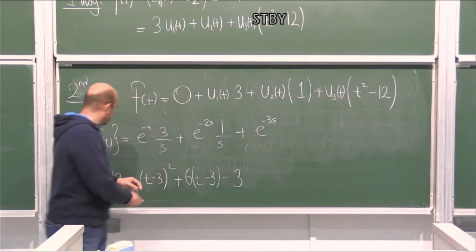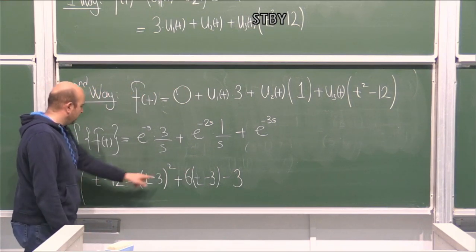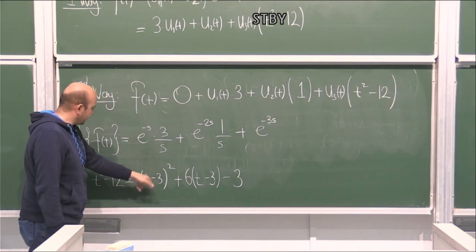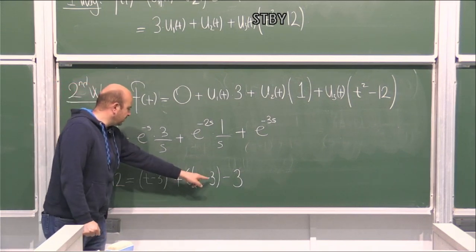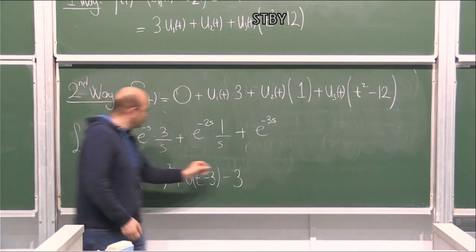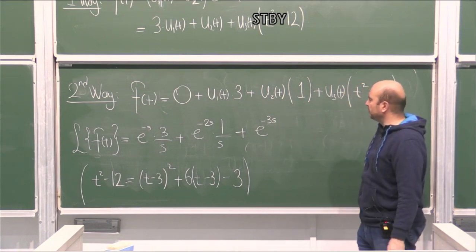Now if you expand it, you exactly get the same thing: t squared, minus 6t plus 6t, they cancel each other, so we have plus 9, minus 18, we have minus 9, minus 3, so minus 12. So I was able to express t squared minus 12 in terms of t minus 3's.